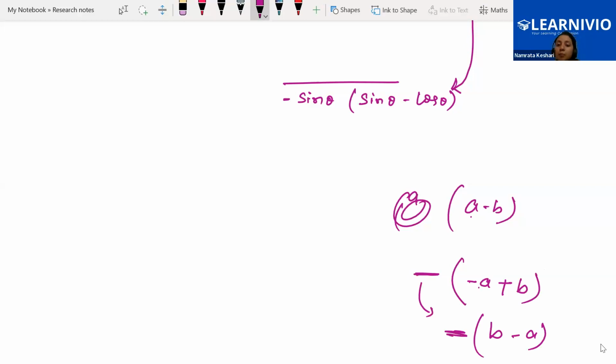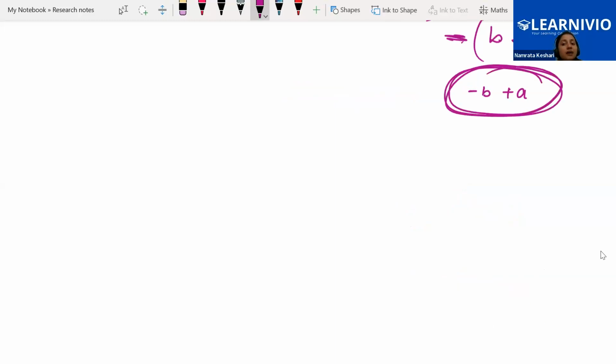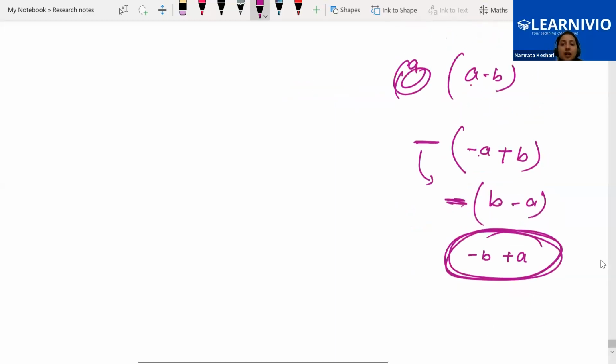If you open the bracket, you will realize that we have not done any drastic change. Just open the bracket, it is minus b plus a, that means a minus b only we are having. See, we started with a minus b, still we are having a minus b, but a little bit of representation we have changed.